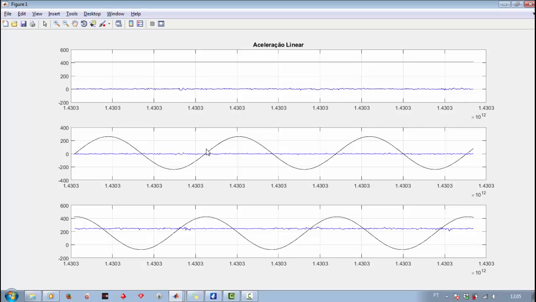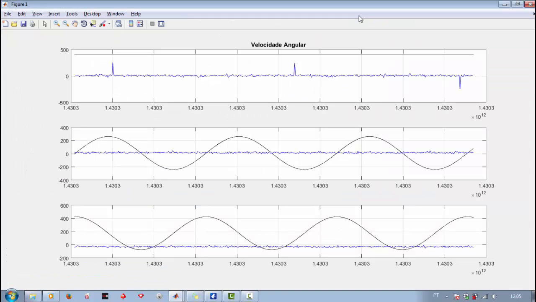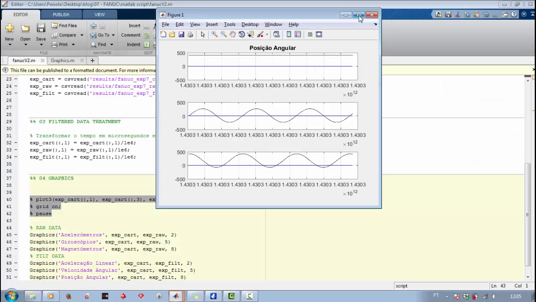So I believe the first real conclusion that I got is that accelerometers are not enough to get information, so to speak, of the sensor's position. And unfortunately, I have the same thing from the angular velocity. I cannot take any real conclusion, nor from the angular position.